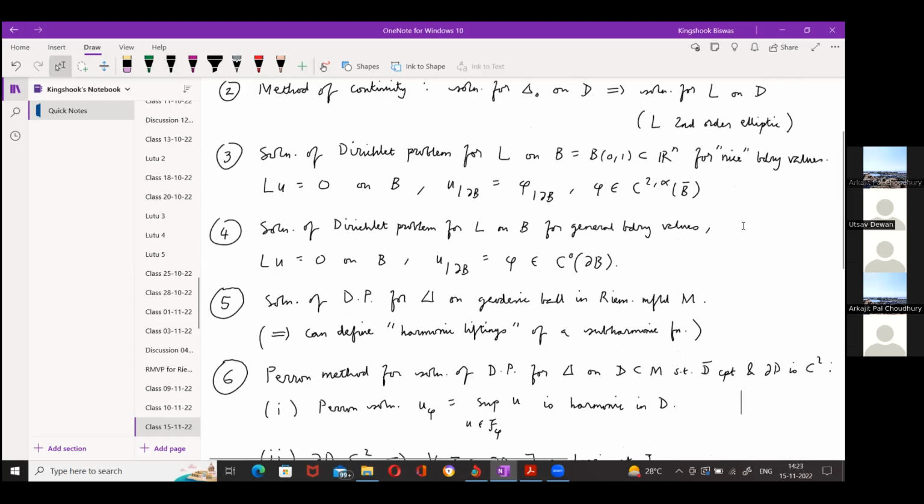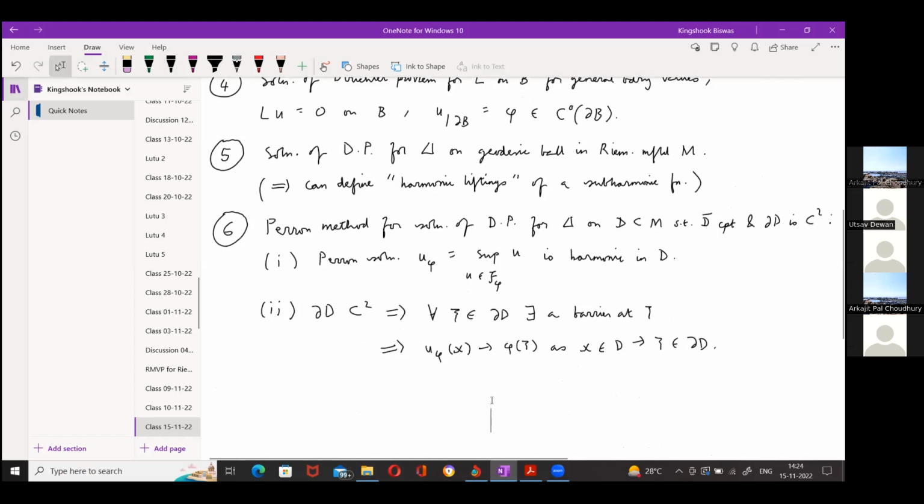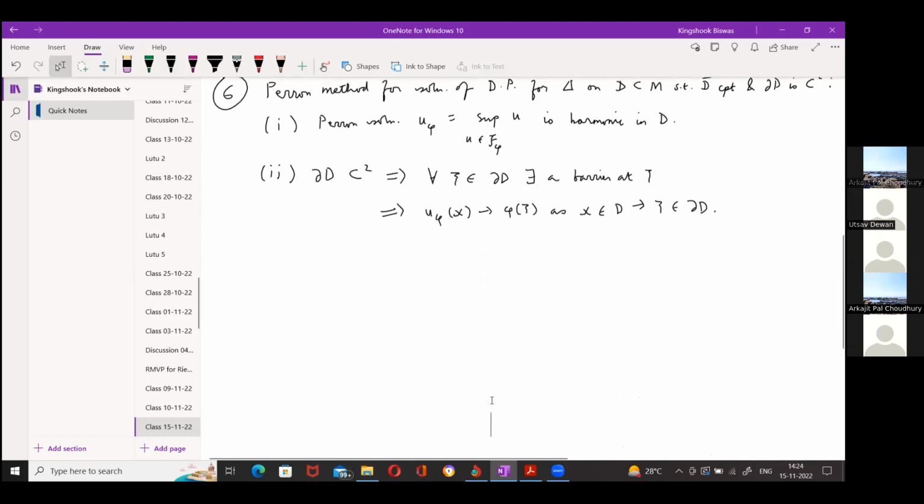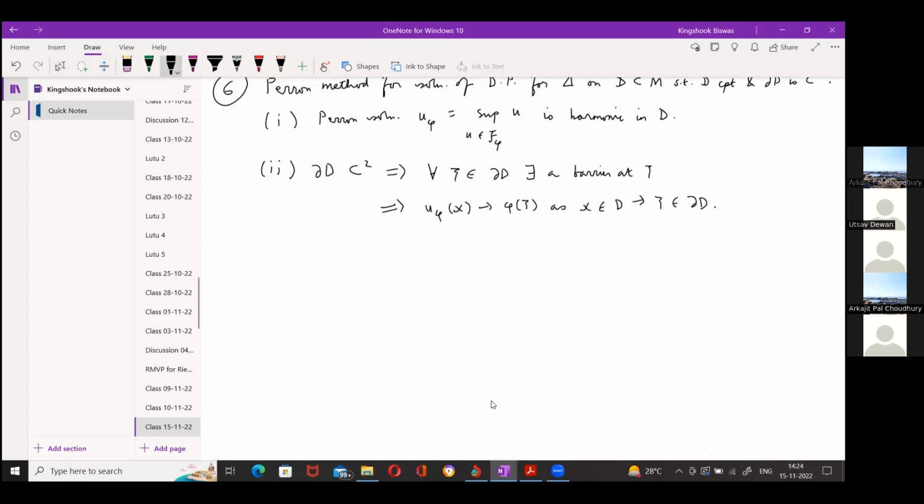So let me just prove one small thing which I mentioned last time, which is about subharmonic functions and the submean value property. Right. So let me make a definition. Suppose U is a continuous function on an open set in a Riemannian manifold.